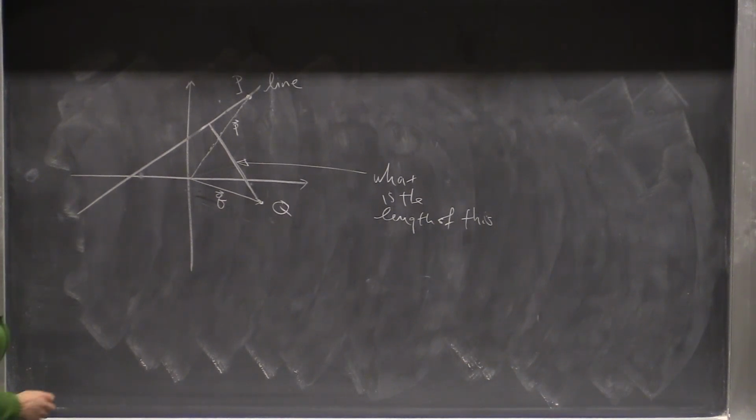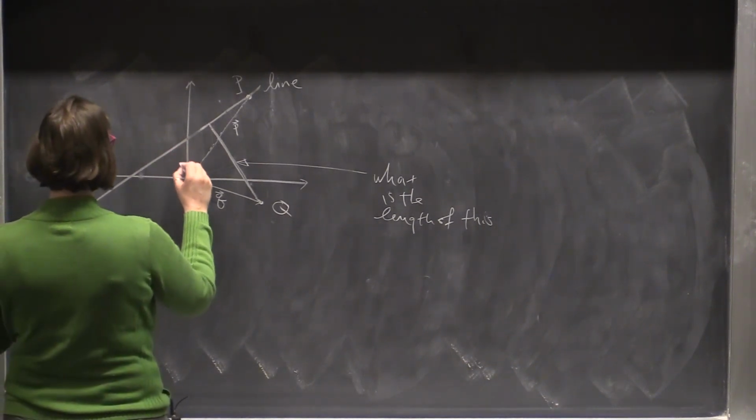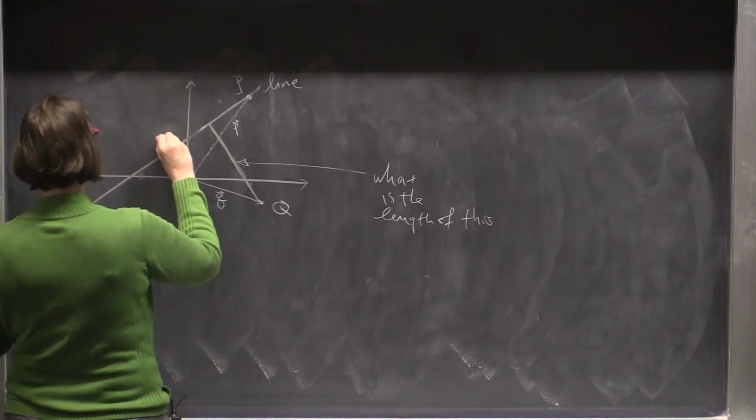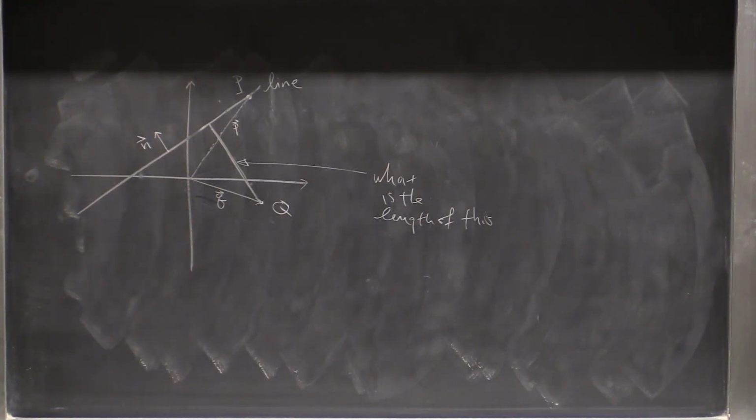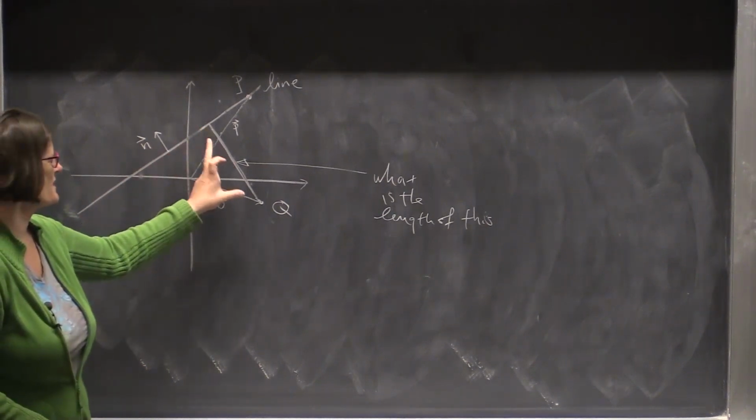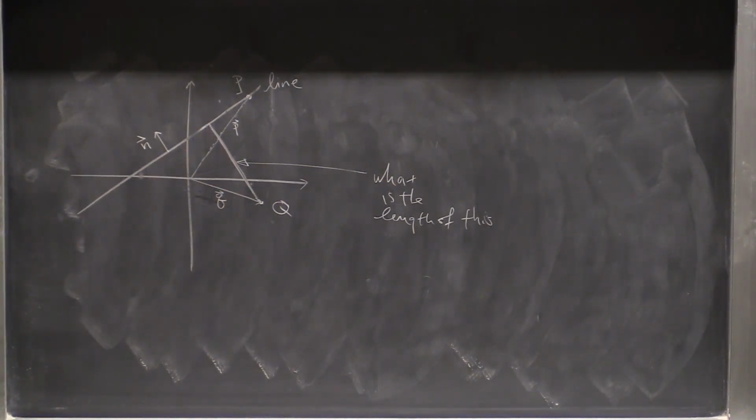We have a line. It has a normal vector. This certainly has to be the projection of something onto the normal vector, that length, but the projection of what?